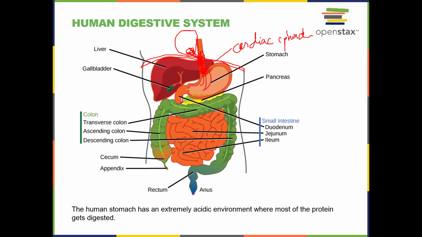So the cardiac sphincter. Over here on the other end of the stomach is what we call the pyloric sphincter. It's much stronger. A sphincter is a ring of muscle that can close off. All right. So food comes in, the cardiac sphincter should close, the pyloric sphincter should be closed.